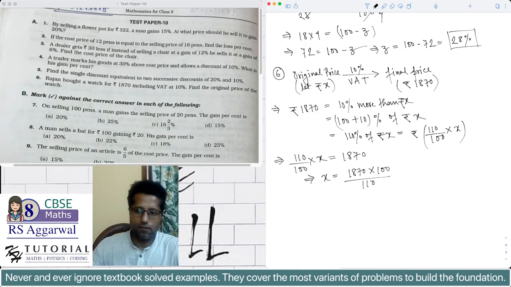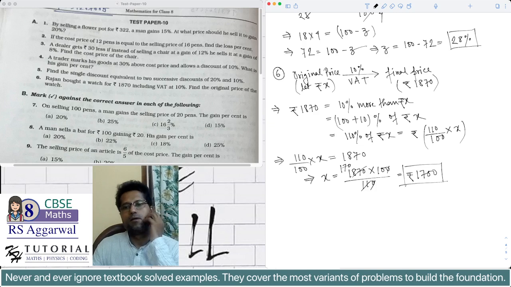Obviously the zeros cancel out, and 11 will divide 1870 to give 170. So this is equal to 1700. So the original price of the watch is rupees 1700.